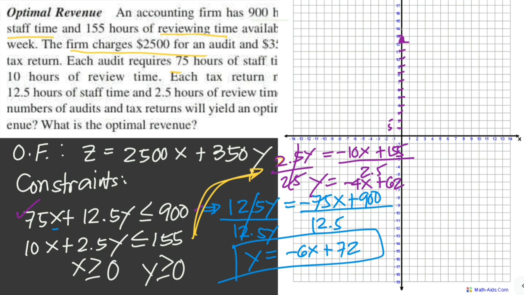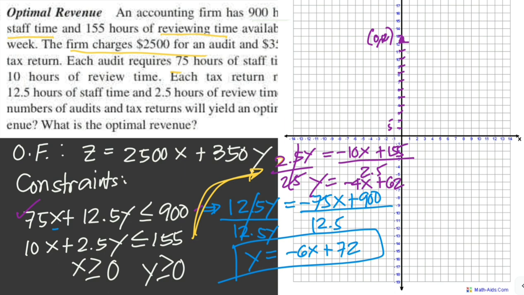So this is (0, 62). And then when x is 1, y is 58.